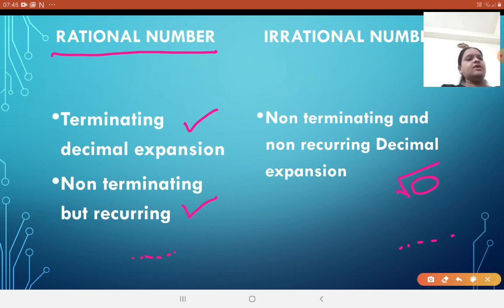Non-recurring, for that, 0.237... there is no repetition. In that case this number is called an irrational number. So rational: terminating, and non-terminating but recurring; and irrational: non-terminating, non-recurring. So how to identify whether the given number is rational or irrational? Now it is easy for you.